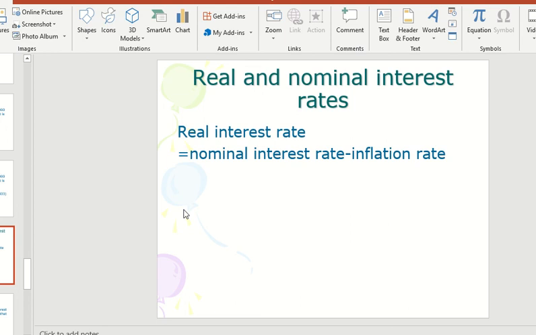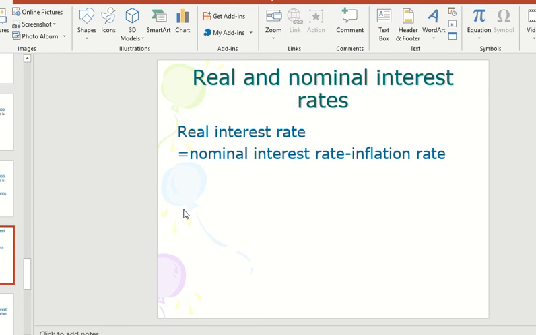But the thing is, that's not the case in the real world because we live in a world with inflation. So let's say the inflation rate is 2%. Okay? So if you get a 1% interest rate from your saving account, next year when you get back your money, you actually are worse off in terms of purchasing power.